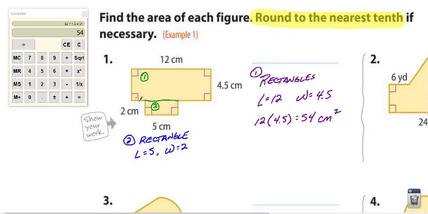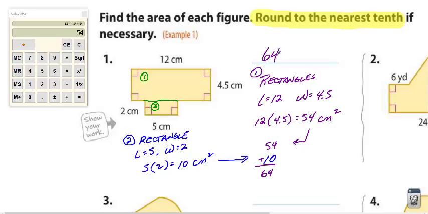This 2 is the measurement in both those corners. 5 times 2 gives me 10 square centimeters. I'm going to put that 10 square centimeters together with this 54 square centimeters, and I'm going to end up with 64 square centimeters.